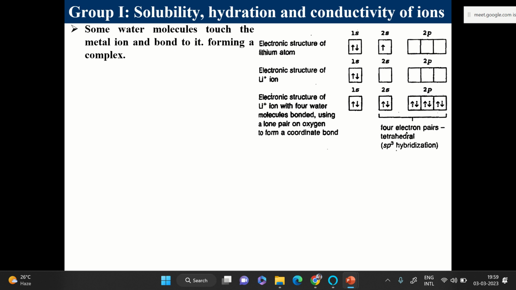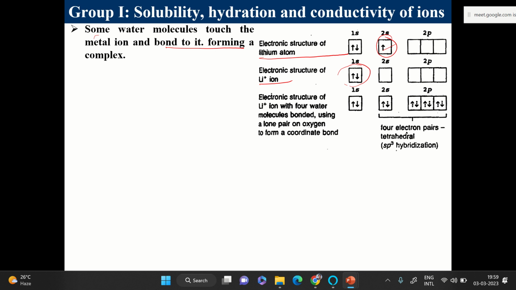Some of the water molecules touch the metal ion and form a complex, since there are vacant orbitals in the lithium plus, where the lone pair of water can donate its electrons. So that kind of situation arises here. This is the lithium atom, you can see 2s1. Now in lithium plus, this electron is gone, and you are left with only 2 electrons in the 1s.